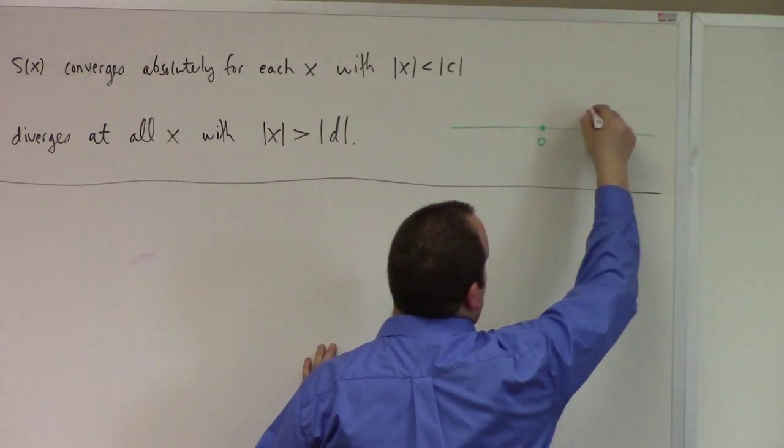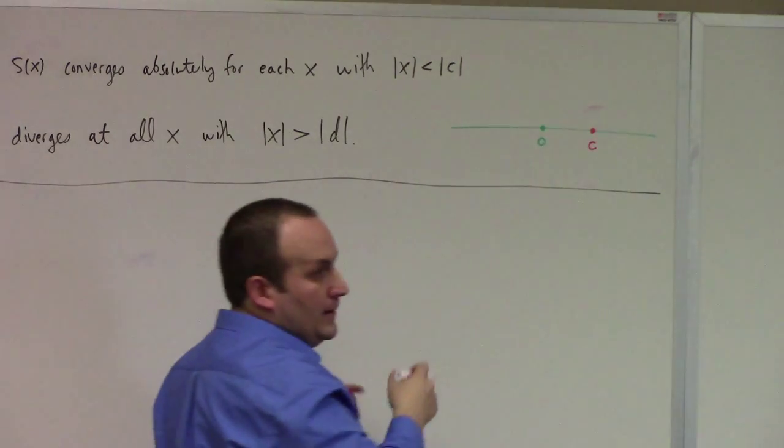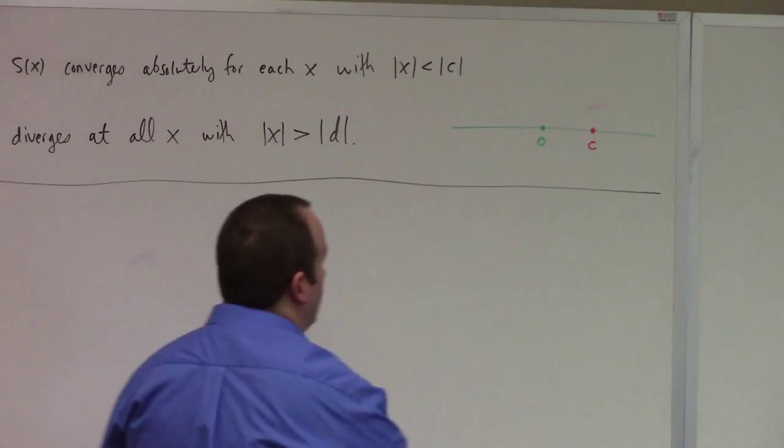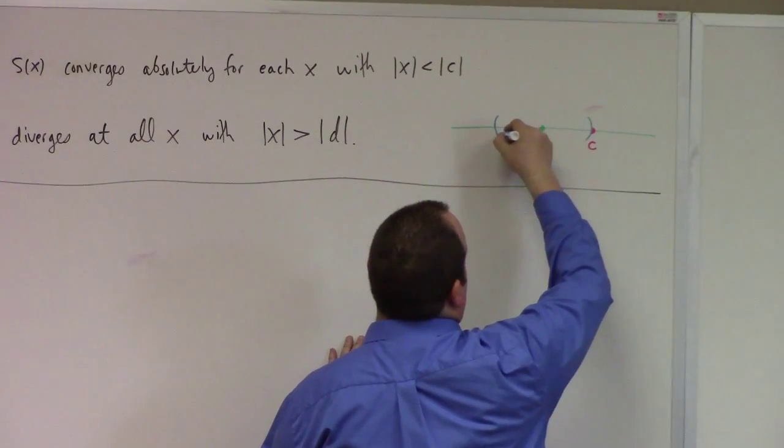If this is C, then you're guaranteed absolute convergence. Where? Yeah, you get absolute convergence like this.